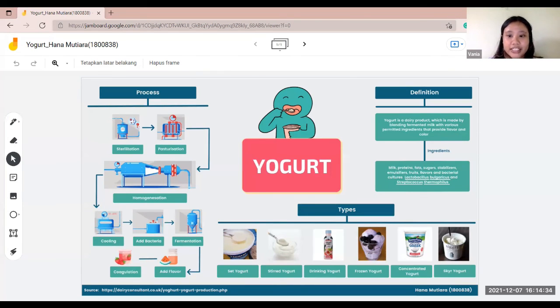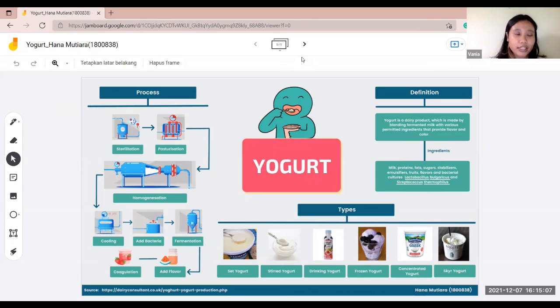The ingredients are milk, protein, fat, sugar, stabilizer, emulsifier, fruits, flavor, and bacterial cultures. And the process of making yogurt: first sterilization, pasteurization, homogenization, cooling, add bacteria, fermentation, add flavor, and the last one is coagulation. For the types of yogurt, there are 6 types: set yogurt, stirred yogurt, drinking yogurt, frozen yogurt, concentrated yogurt, and skyr yogurt.